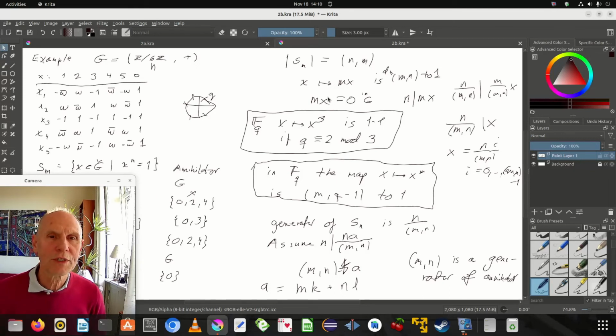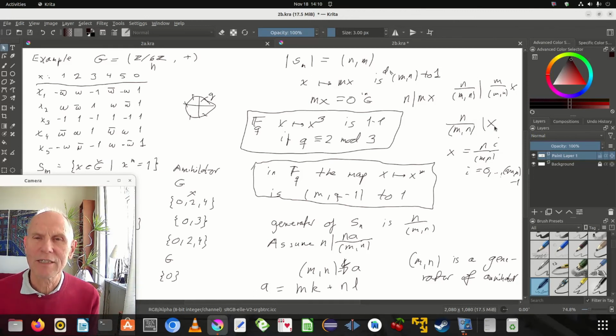So we will find the x's that map to naught in G, and that means that n divides m times x. And finally I got the idea. I looked upon this equation some time before getting the idea. Dividing by the greatest common divisor, we get this, but these two are mutually prime, so that means that this divides x.